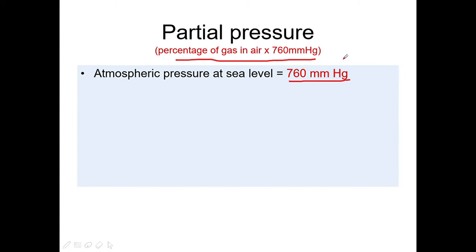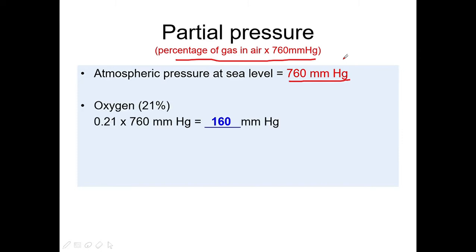So recall what you have learned in your lower form. What is the percentage of oxygen in the atmosphere? The atmosphere consists of 21% oxygen. So by using this formula, the partial pressure of oxygen at sea level is 160 millimeters of mercury.